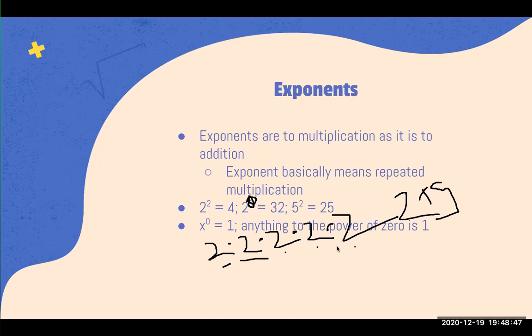It's repeated multiplication, and this is literally the only way to do exponents unless you use a calculator. So 2 times 2 times 2 times 2 times 2 equals 32. As you can see, 2 times 2 is 4, 4 times 2 is 8, 8 times 2 is 16, 16 times 2 is 32. Okay, so that's exponents basically.